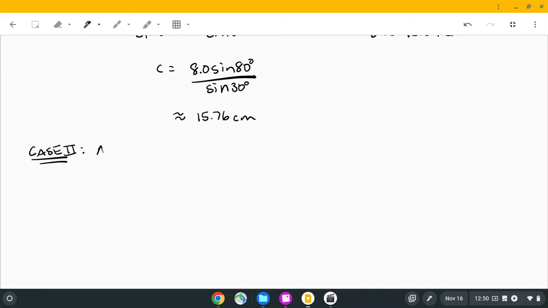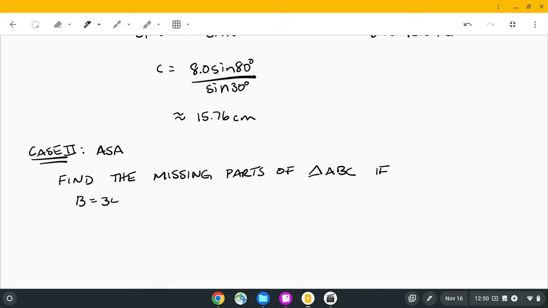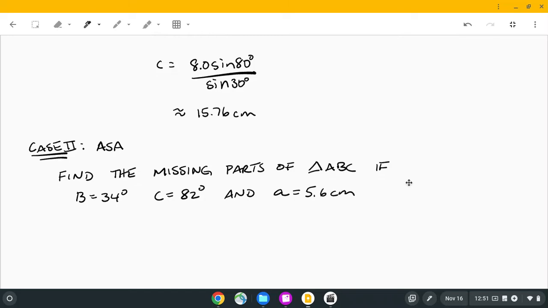All right, let's find the missing parts of triangle ABC if B equals 34 degrees, C equals 82 degrees, and little a equals 5.6 centimeters.